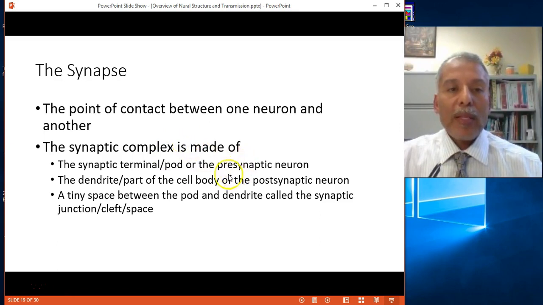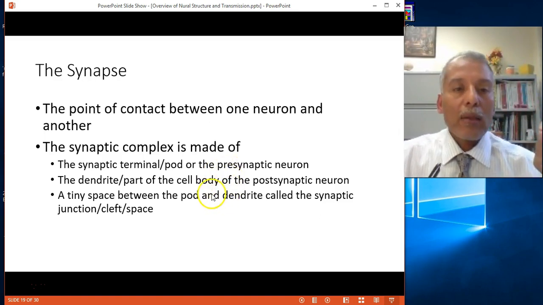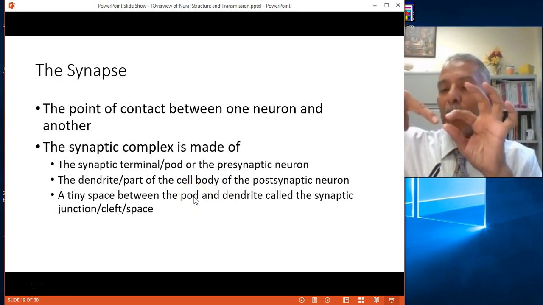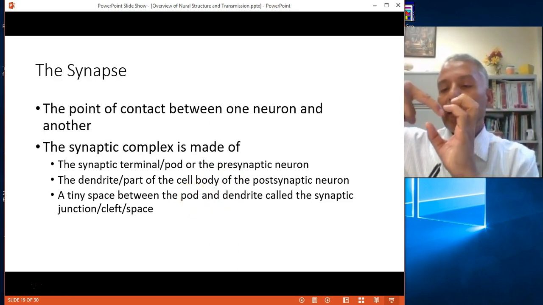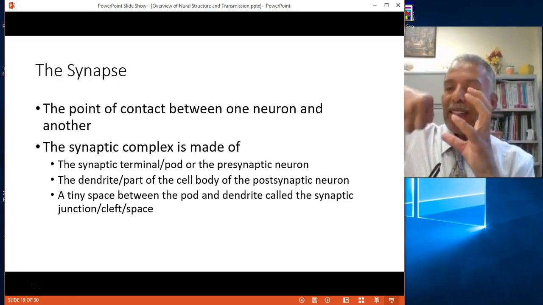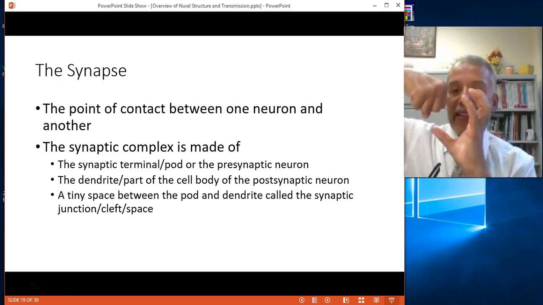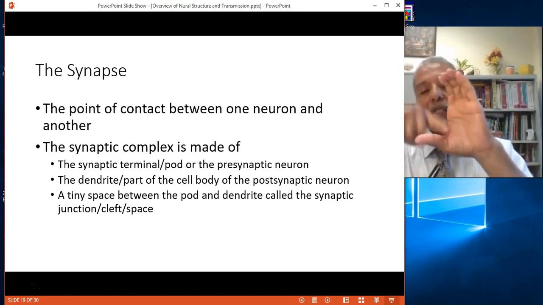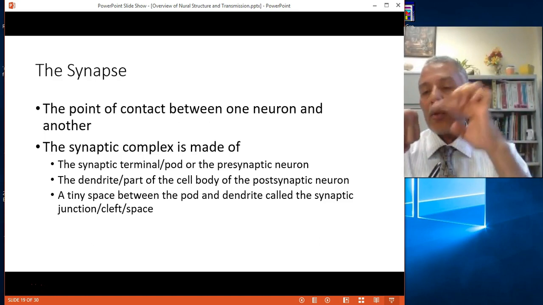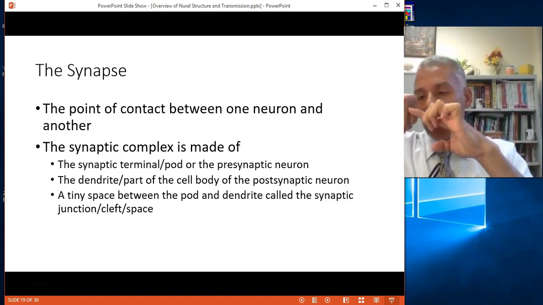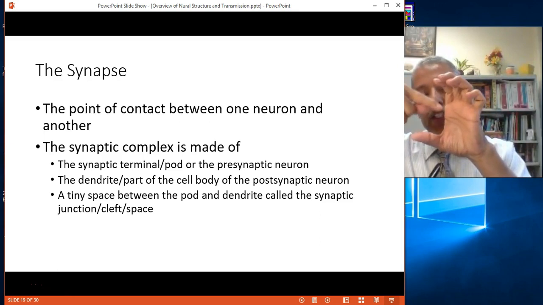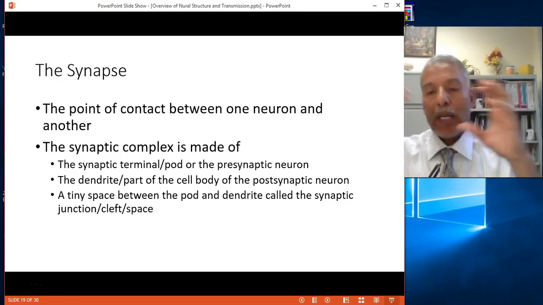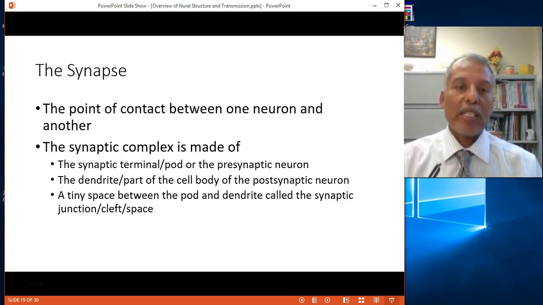There are two kinds of synapses we'll talk about, but the synaptic complex includes the synaptic terminal, or the pod, and let's use my hand as the pod, and then the area of the dendrite, or the area of the body that has the receptor channels, where the neurotransmitter coming from the synaptic terminal binds on the channels so that it can allow in chemicals that will transmit the signal.